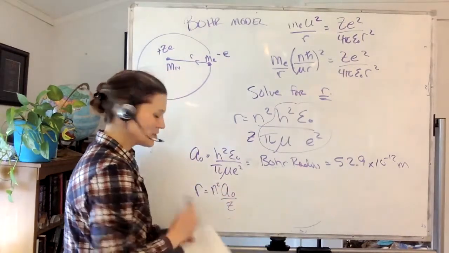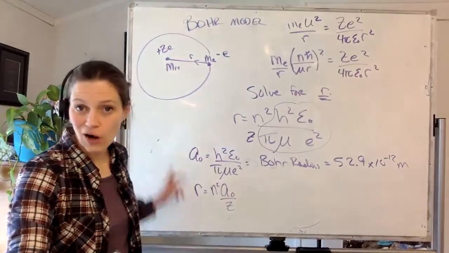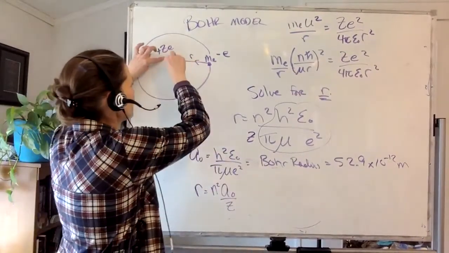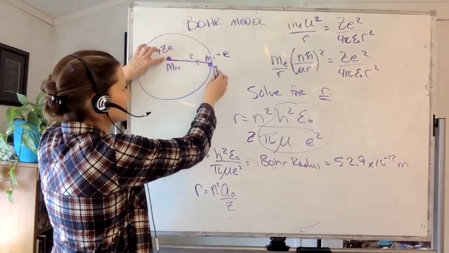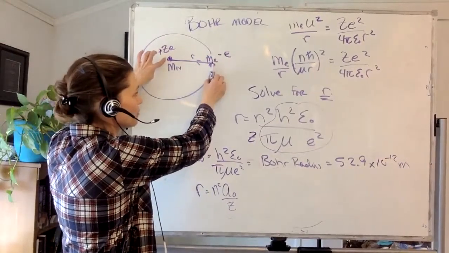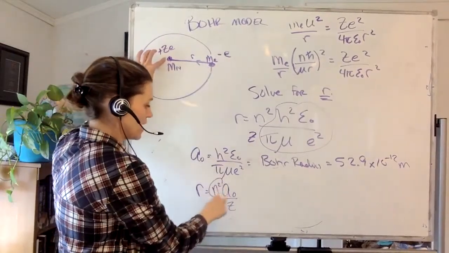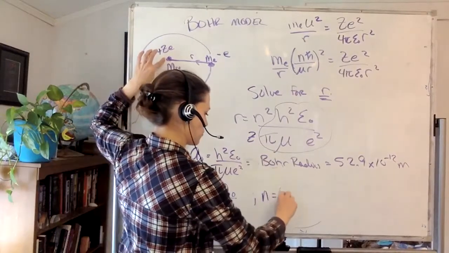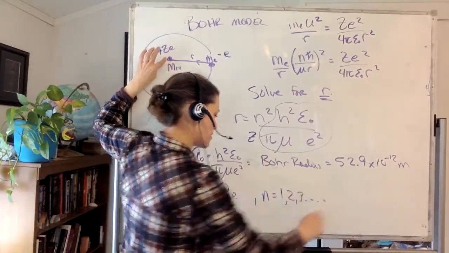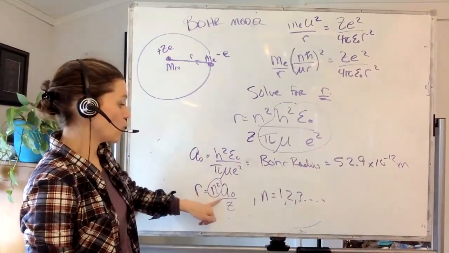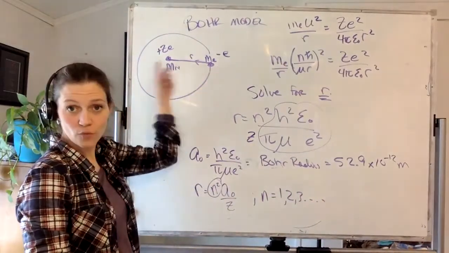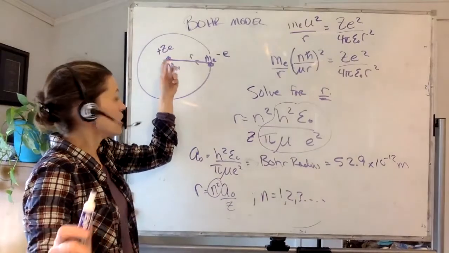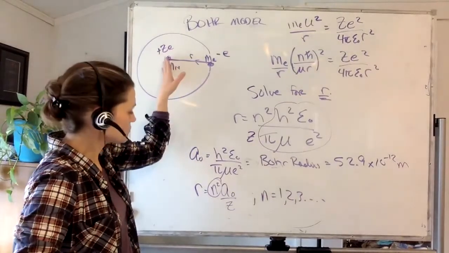So what is r? r is the distance here. That's saying the distance of the electron from the nucleus can be in units of n squared, where n equals 1, 2, 3, and so on. So it can be 1 times a0 over Z, where Z is the number of positive charges in the nucleus.